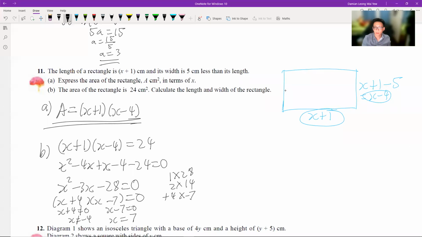Because if not, my length, I will get negative 4 minus 4, negative 8, and negative 4 plus 1, negative 3. Negative length. There is no such thing as negative length. If there's such thing as negative length, it would be like going into another dimension, moving back into the dimension. Yeah, because length and width is not a vector quantity, it's a distance.